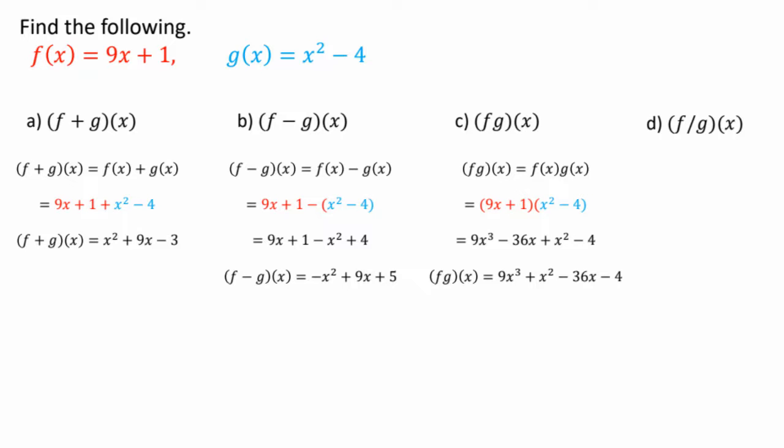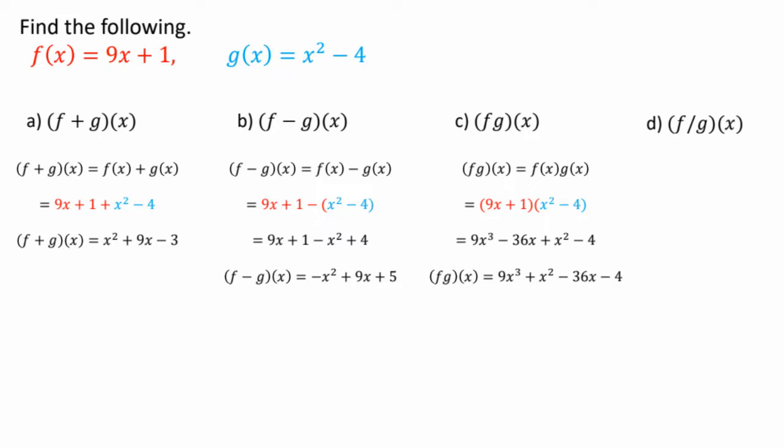So to go ahead and simplify, I have to do FOIL, right? I'm going to distribute the 9x to x squared and to the negative 4, which gives me 9x cubed minus 36x. Distribute the 1. 1 times x squared is x squared. 1 times a minus 4 is a minus 4. And are there like terms that we can add? No, they're all different terms, so that is our answer.